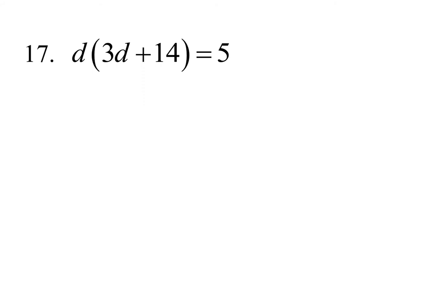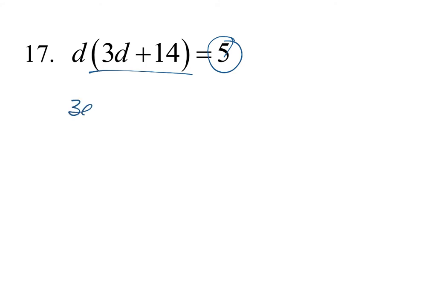On number 17, it's not set equal to 0, but let's simplify it out. I can't simply move the 5 over yet because the left side is not simplified. I need to distribute the d.